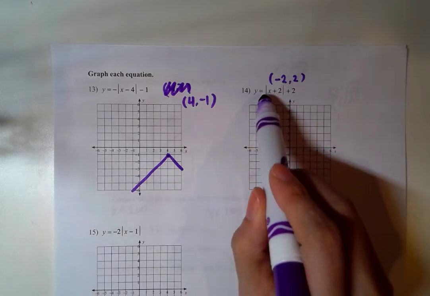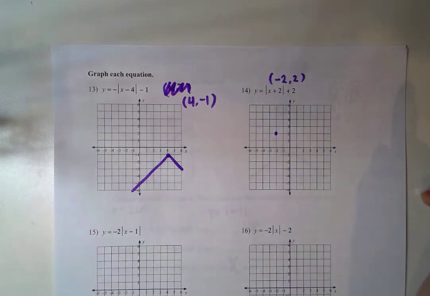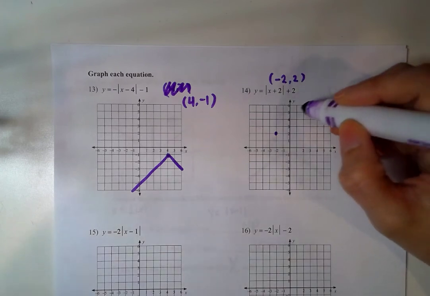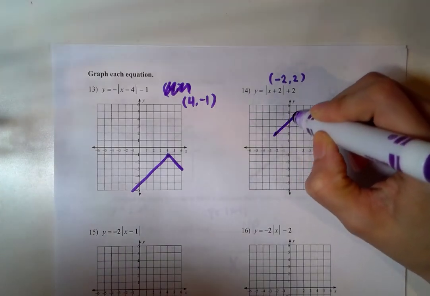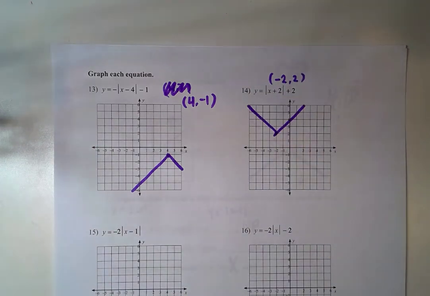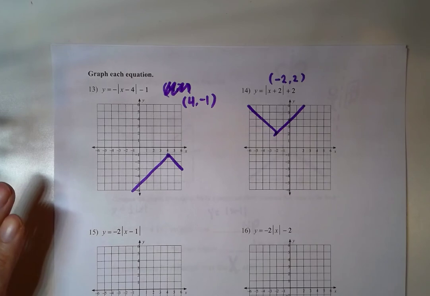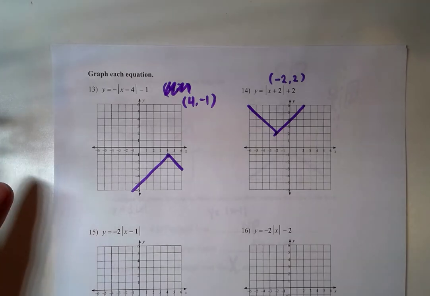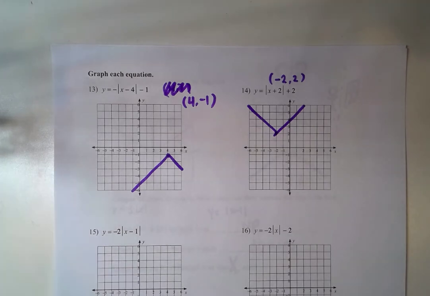And then, look at this. Positive. Opens up. Get it? So the positive or negative sign in front of the absolute value decides whether your absolute value V shape opens up or down. Okay?